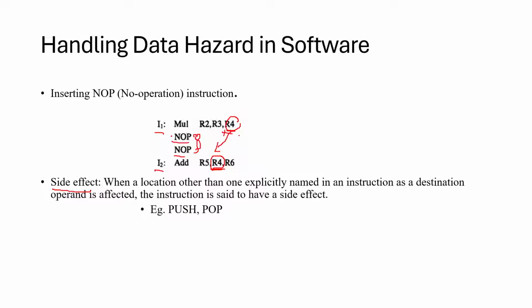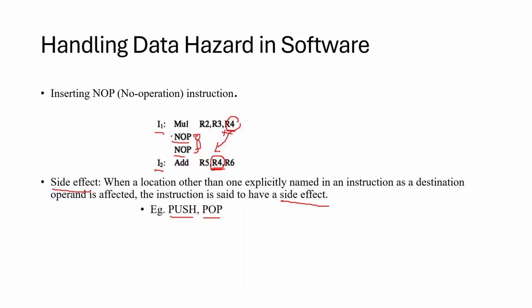So when a location other than the one explicitly named in an instruction as a destination operand is affected, that instruction is said to have a side effect. Okay, for example, push and pop, auto increment or auto decrement, or whatever it is.